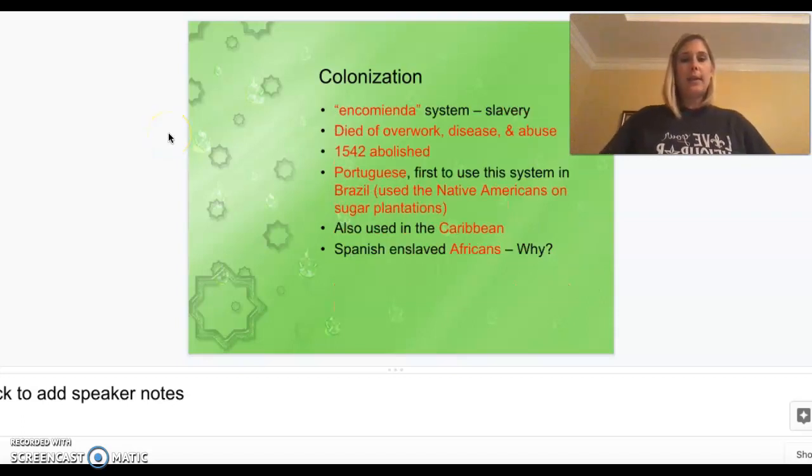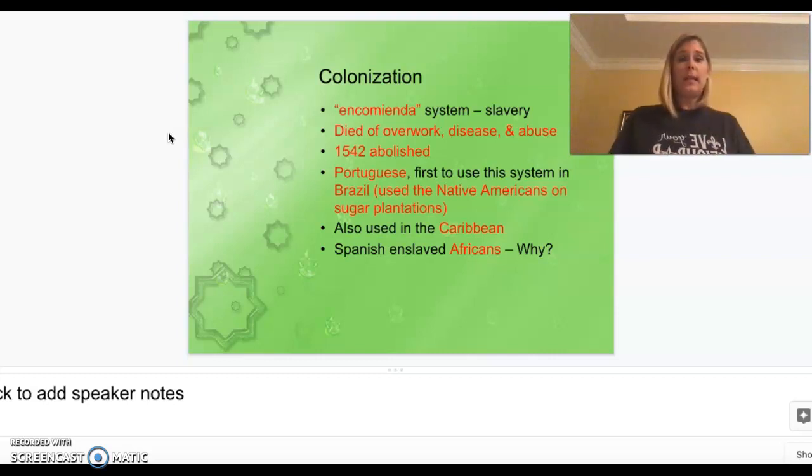Next, we need to take a look at the system that the Spanish put in place known as encomienda, which basically boils down to slavery. There's no easier way to say this. Unfortunately, the Native American Indians are going to be enslaved by the Spanish. And these natives, millions of them, will die from either being overworked, they died from disease exposure, because remember we said a lot of these natives don't have a strong immune system, or they died from just simply abuse, not following orders, things like that.